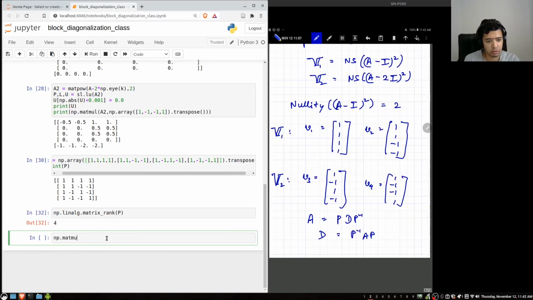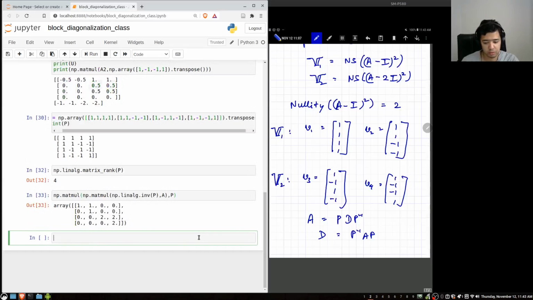So P inverse times A times P. This is P inverse A P, and this is indeed a block diagonal matrix, right?